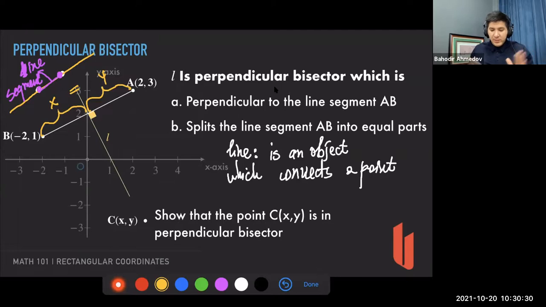So for example, let's say you are given C. The coordinates of C might be 0 and 2. I would like to know whether this point C is on the perpendicular bisector for those 2 points, A and B. Do you have any ideas how to check this?